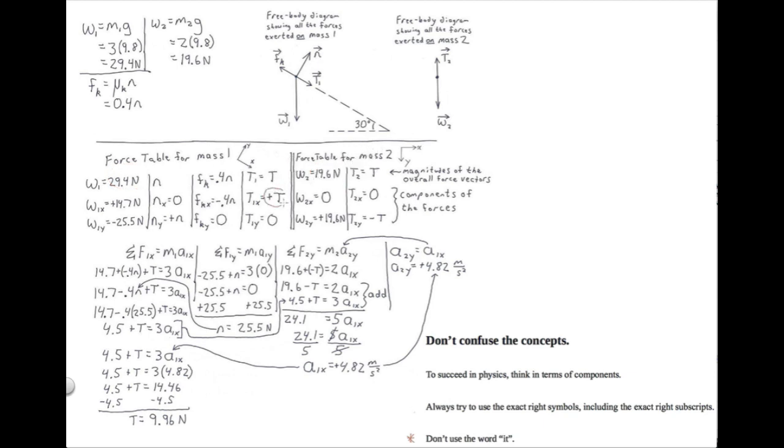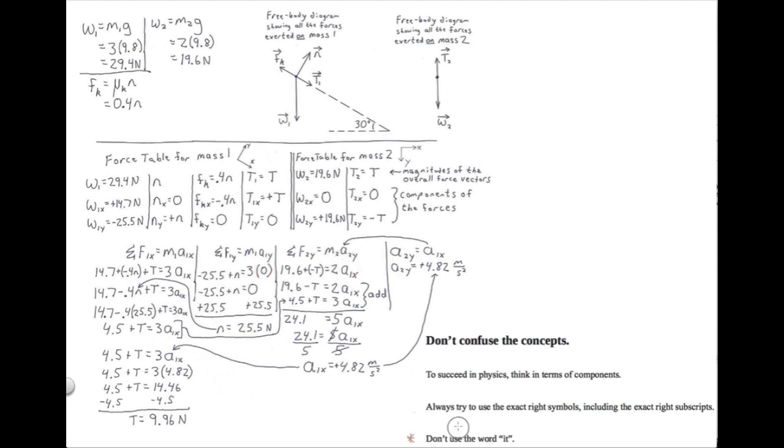Don't say it is positive T or it is 0. Say T sub 1x is positive T and T sub 2x is 0. Don't say it is 0 or it is equal to a sub 1x. Say that a sub 1y equals 0 and a sub 2y equals a sub 1x.